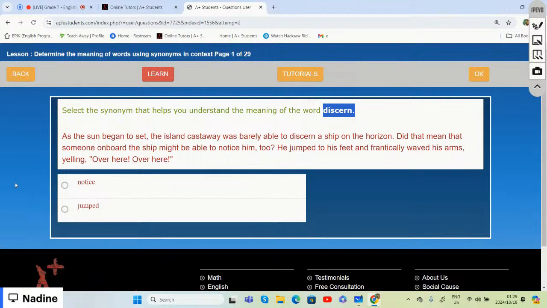Option one, noticed, or jumped, option two. What does discern mean?